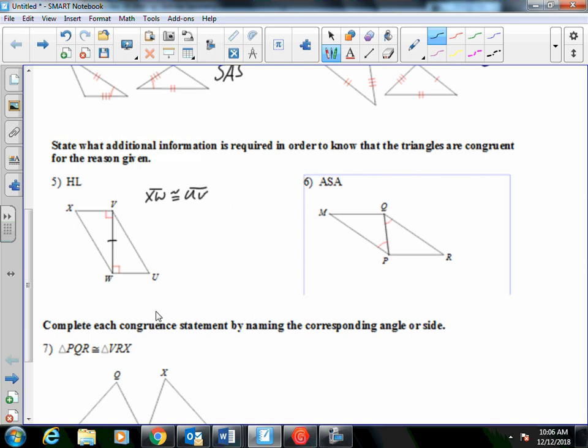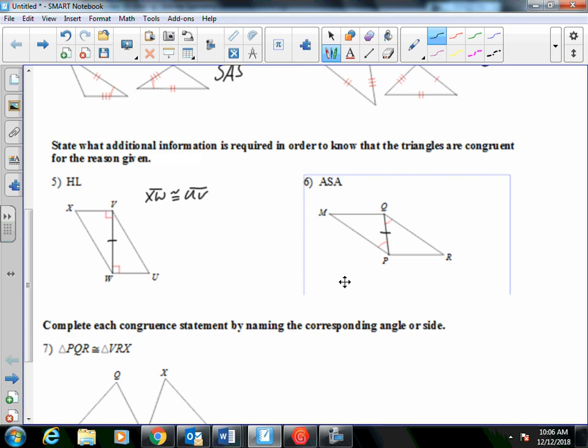All right, number 6. Once again, we've got a shared side, so we would know that is congruent. Angle MPQ is marked congruent to angle RQP. So by angle side angle, we need two angles with a side trapped in between them. So I've got an angle and a side. So the other place I need an angle is on the other end of this side, which is going to be down here, or on this triangle is up here.